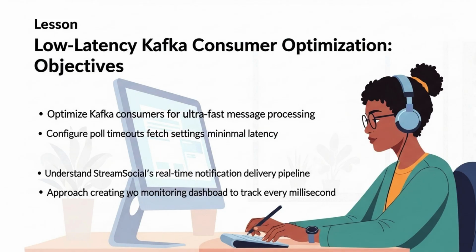You'll understand the architecture behind Stream Social's real-time notification delivery pipeline, giving you a concrete example to apply these concepts. And finally, you'll learn how to approach creating a monitoring dashboard to track every millisecond of your consumer's performance, ensuring you can maintain those ultra-low latencies.